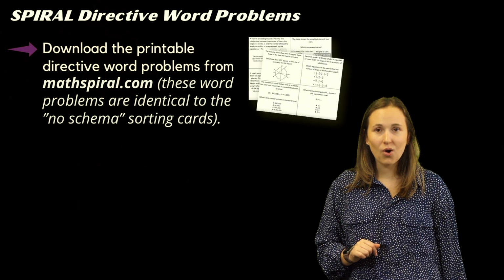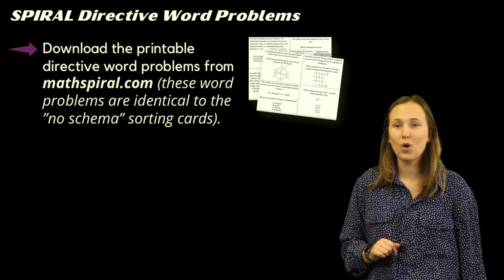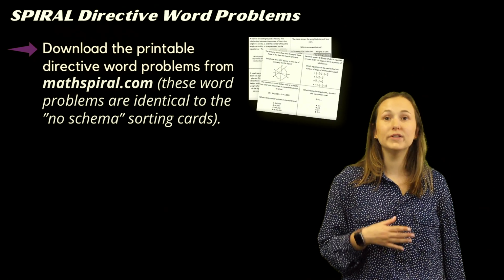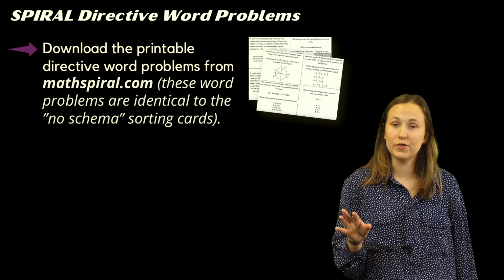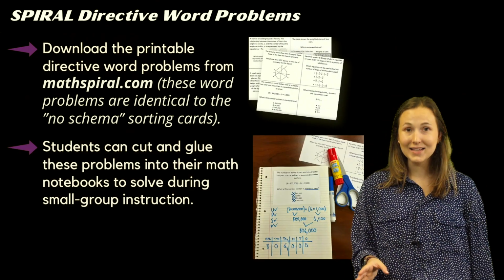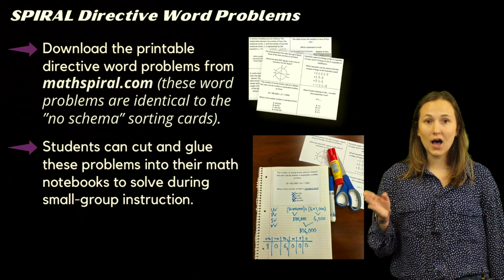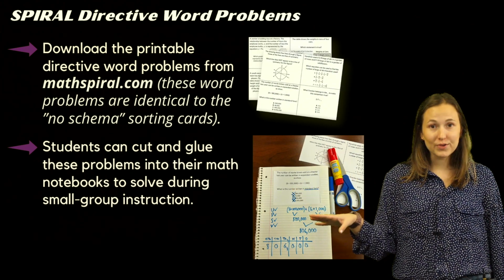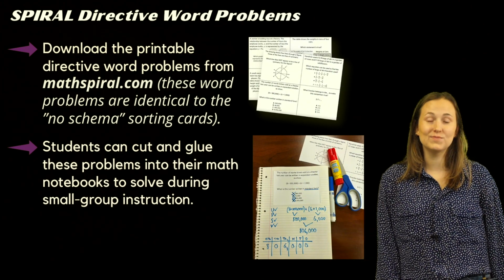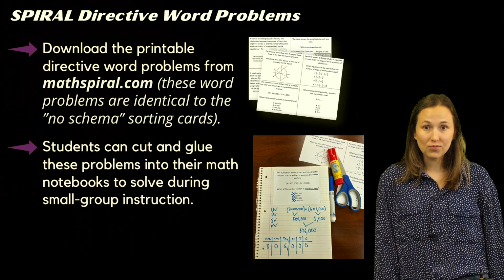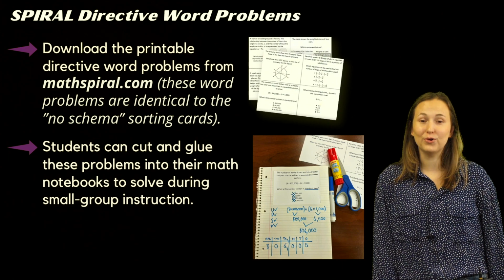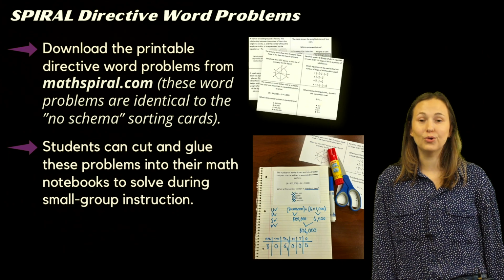But you can also head to our Spiral website to download printable directive word problems. And these word problems are identical to the no schema sorting cards, but students can cut these out potentially glue them in their math notebooks and solve them during small group instruction. So we hope you find this resource helpful to you as you spiral directive word problems throughout your year.